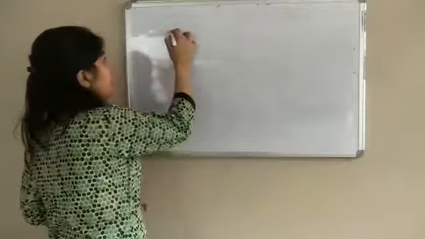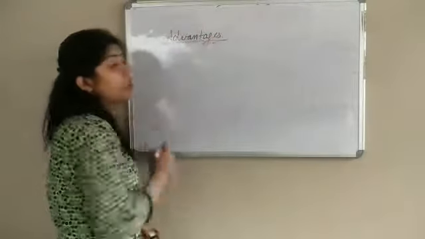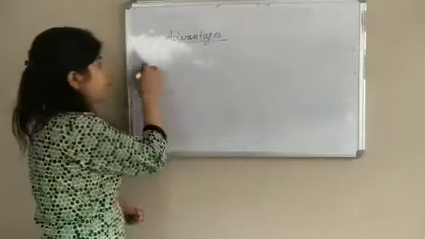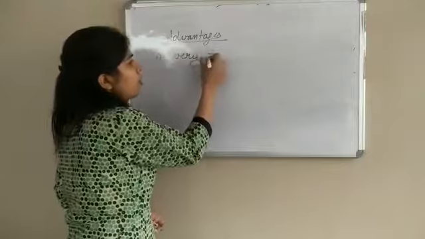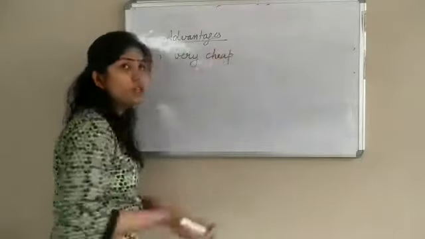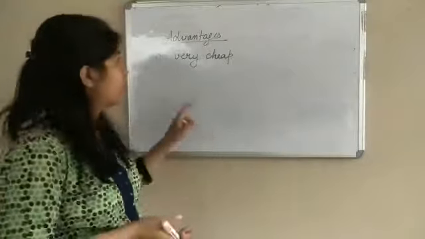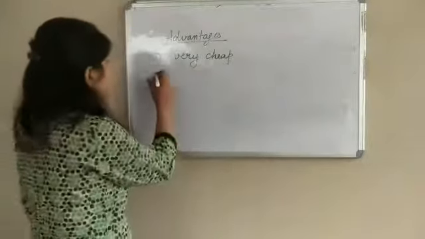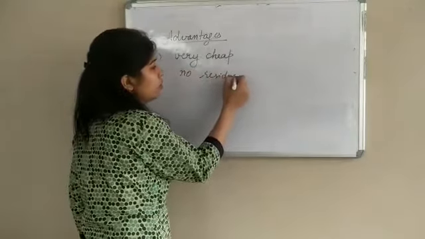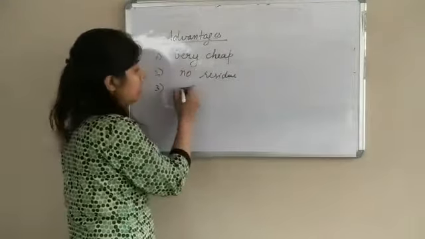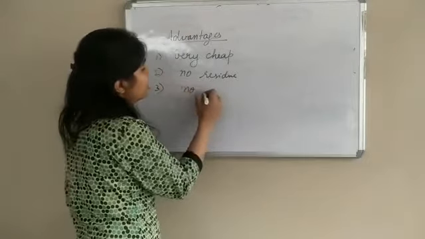Number one, it is very cheap because it is obtained from waste materials. It only needs one construction site. Once you have that construction site, it is very cheap. It produces no residue. It causes almost no pollution, or you can say no smoke.